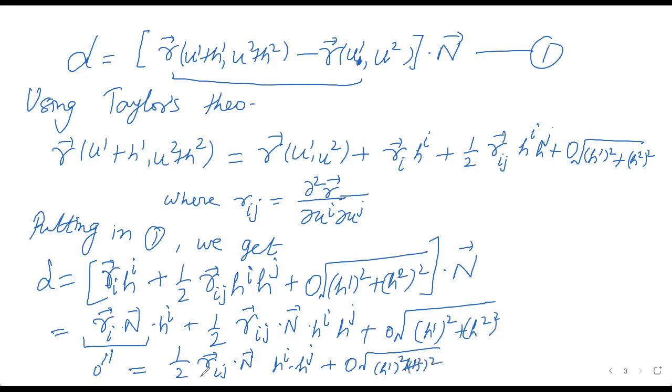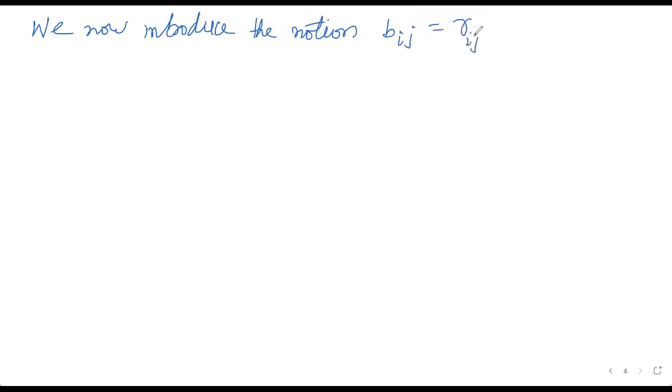Now this term Rij dot n, I will denote it by Bij. We now introduce the notion Bij equal to Rij dot n.